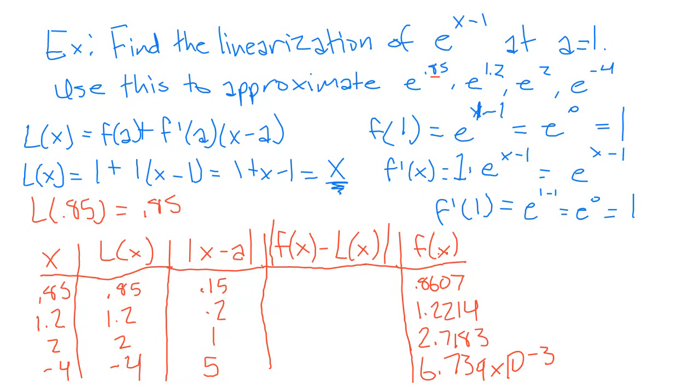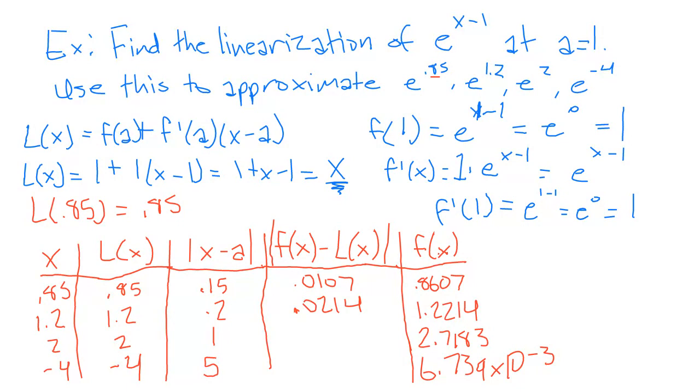All right, now let's look at our difference. If we take 0.8607 minus 0.85, we are going to be left with 0.0107. If we take 1.2214 minus 1.2, we are going to be left with 0.0214.